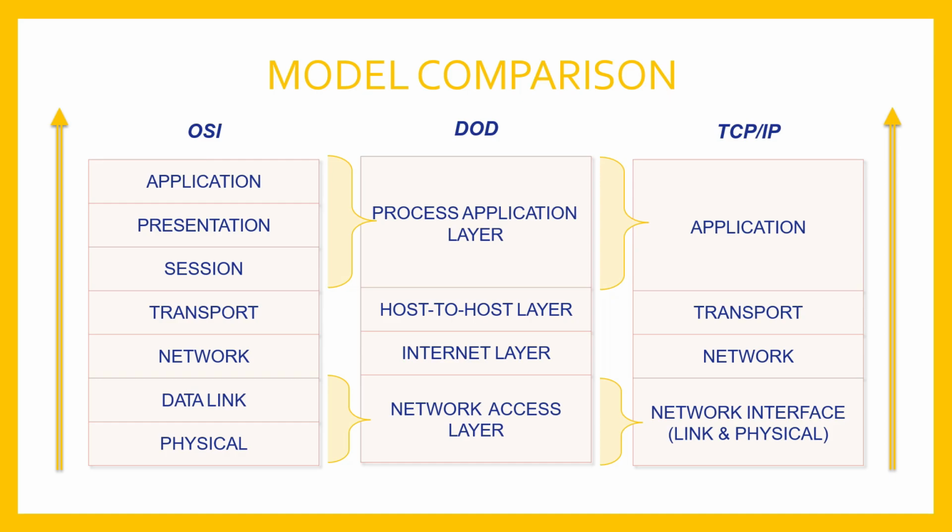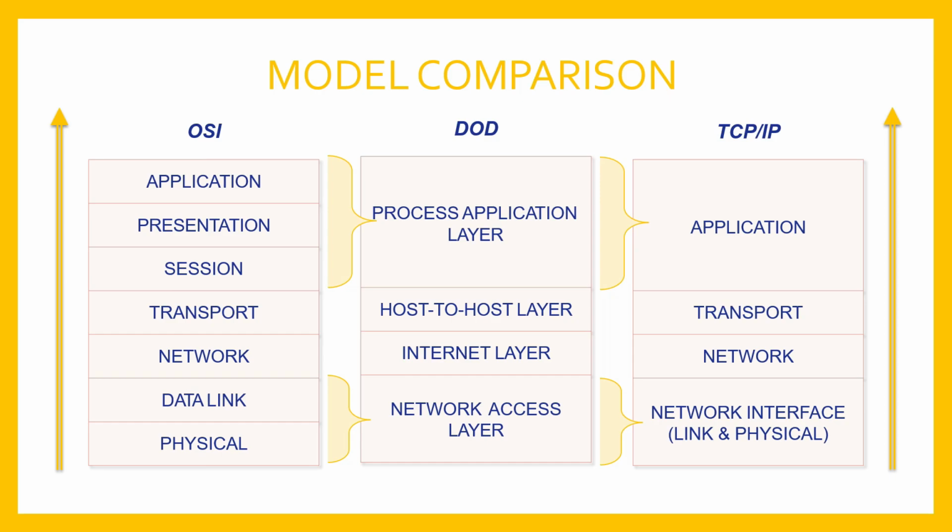For example, the last 3 layers in the OSI model, that is session layer, presentation layer and application layer, have been shrunk down to form process application layer in the DoD model, which is the last layer, layer 4. And the first 2 layers in the OSI model, that is physical layer and data link layer, have been shrunk down to form network access layer, that is the first layer in the DoD model.